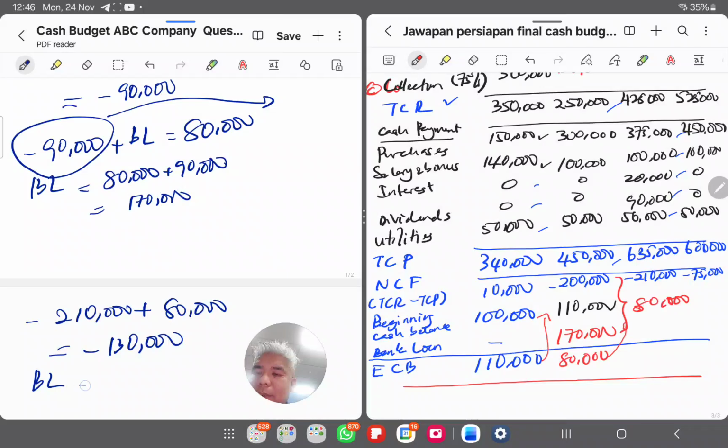So the bank loan is 80,000 plus 130,000.